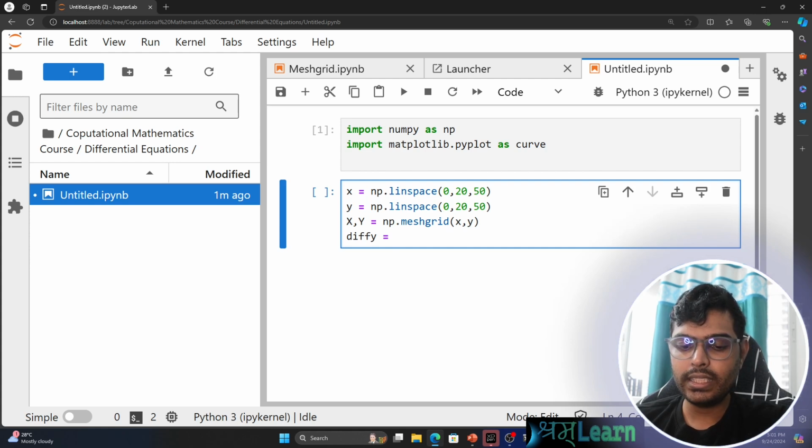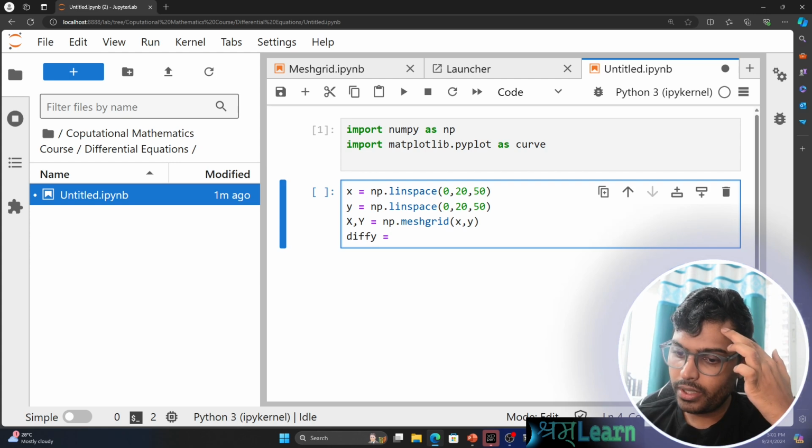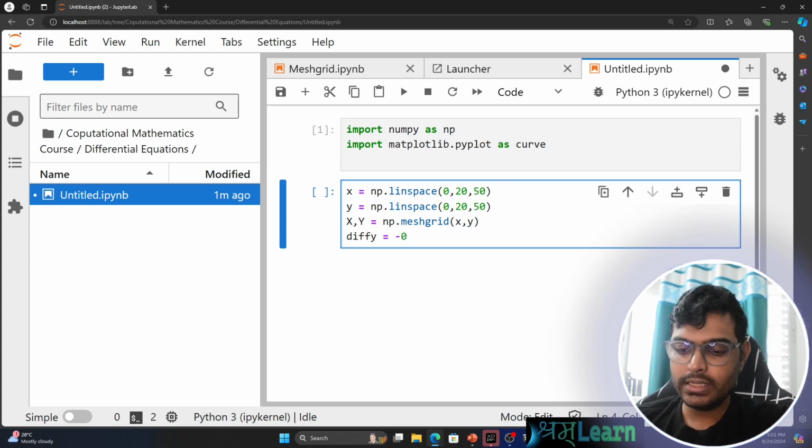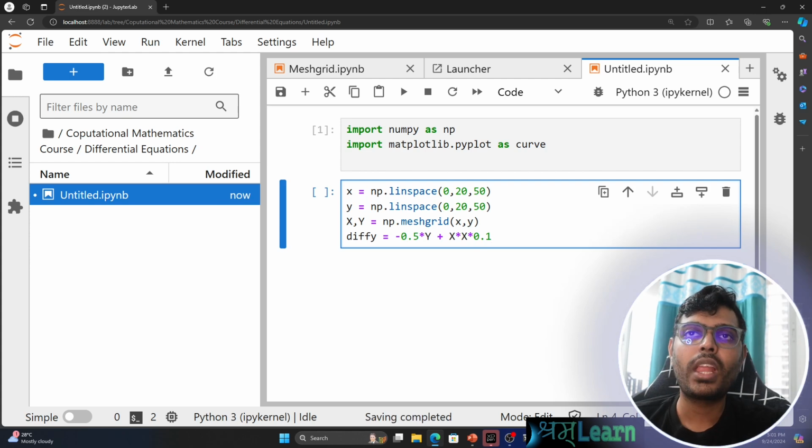Diff y is nothing but a function of x, which is equal to minus 0.5 times capital Y, we have to be careful, plus x times x times 0.1.